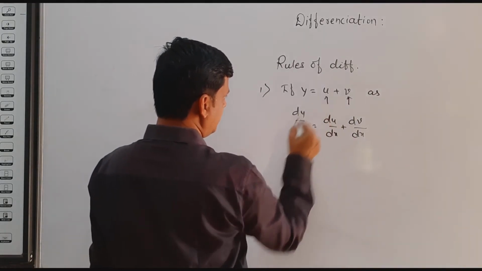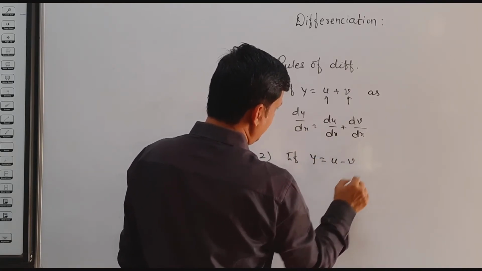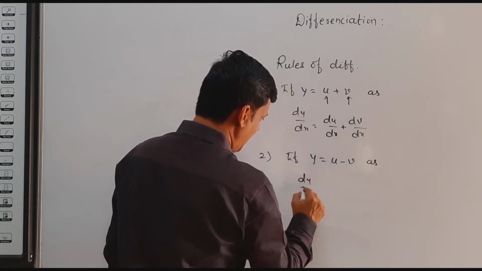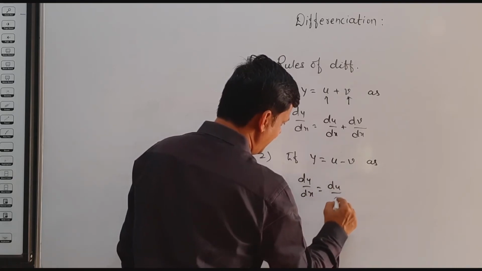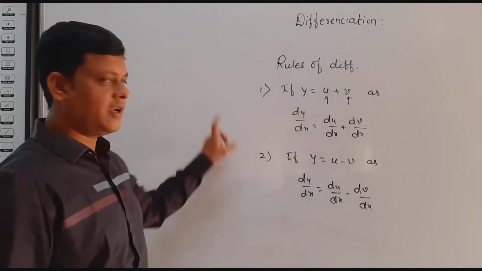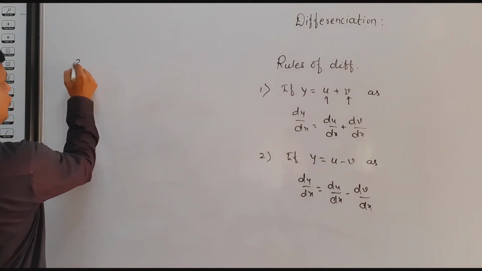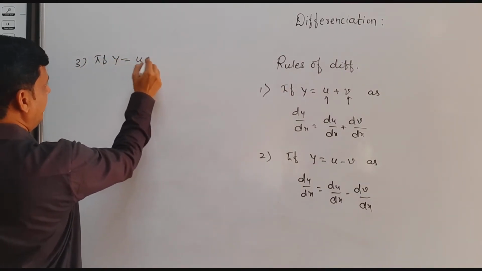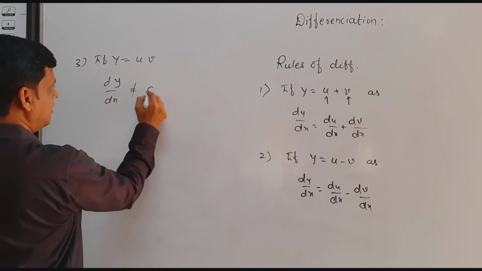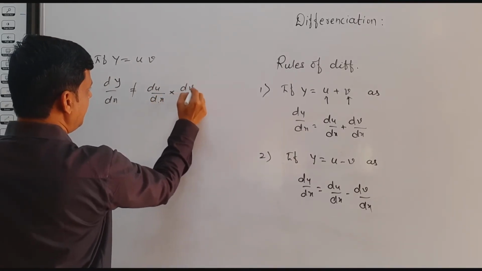Then if these two are in subtraction form, if y is equal to u minus v, then the derivative we write as dy by dx is equal to du by dx minus dv by dx. Now these are very simple rules, but when two functions are in product form, we do not write dy by dx is equal to du by dx into dv by dx.